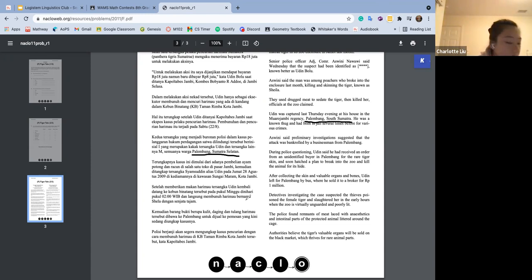So we get that Selatan means South. And the next word is said. So that is pretty easy because we just look where the quotations are, and we'll see that kata means said.